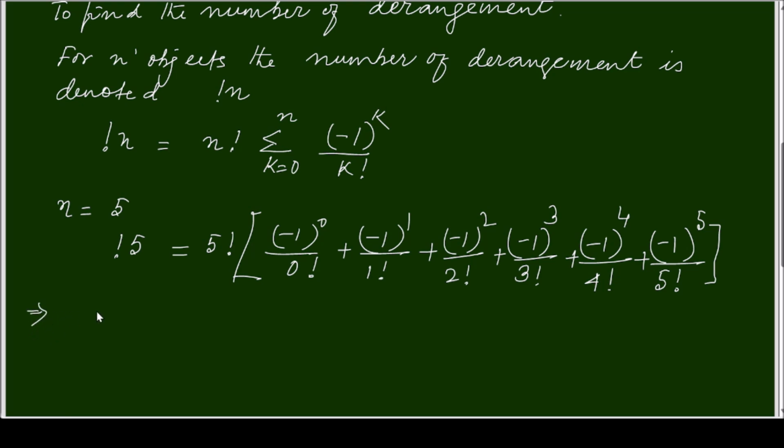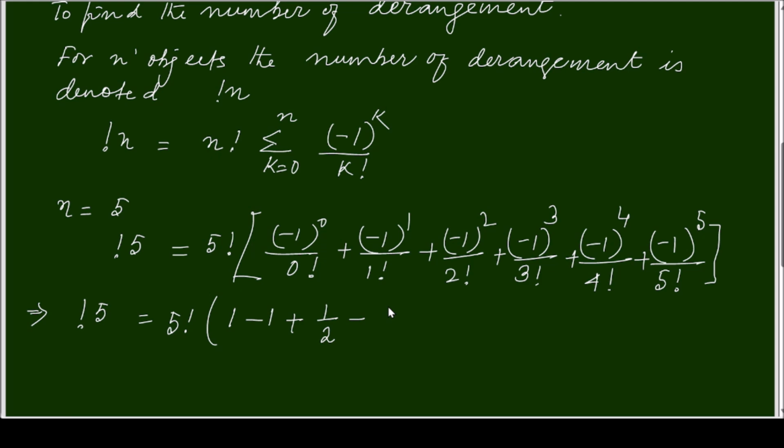Or this equals 5 factorial multiplied by, this is 1 over 1, this is 1. Here it will be negative 1, because 0 factorial is 1, you should not forget. The third term will be 1 over 2 factorial, that is 2. The fourth will be negative, because negative 1 power 3 is negative.